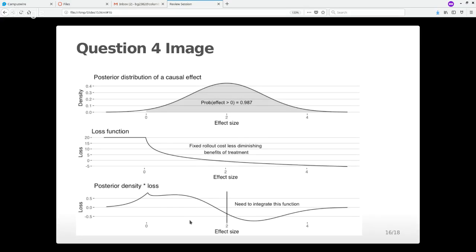So what operation on those draws would have given us something like 0.987? What's the simulation equivalent of doing a definite integral?